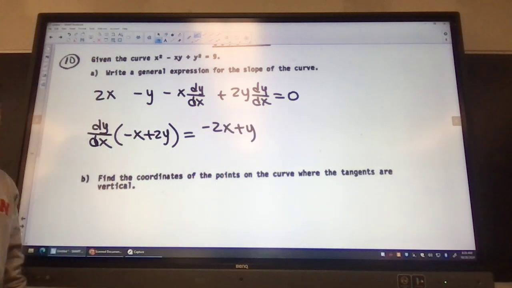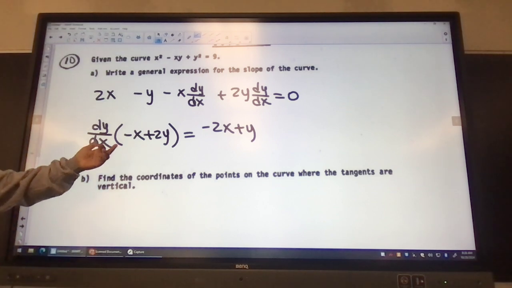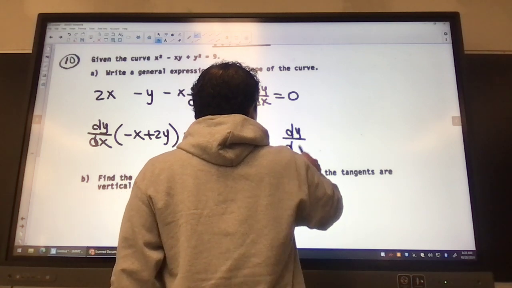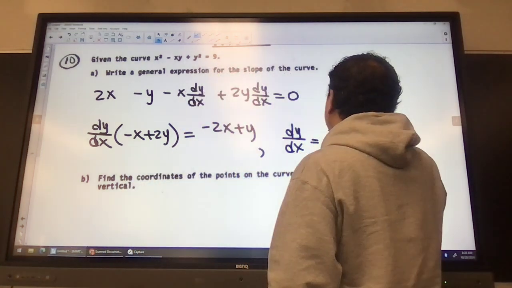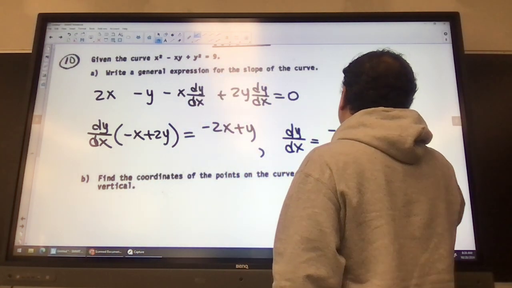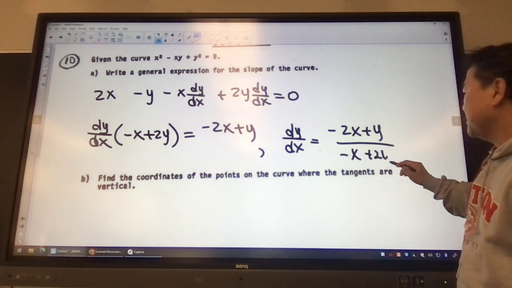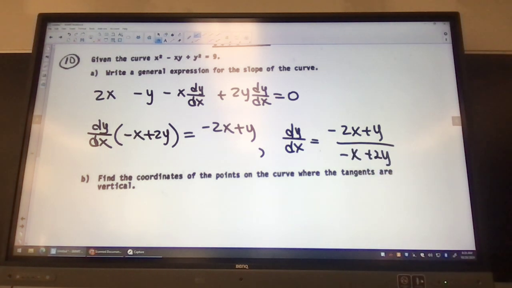How about that, guys? You good? And when I divide by the expression within the parentheses, what do we end up getting? dy over dx is equal to negative 2x plus y over negative x plus 2y. How about that, guys? You good? So we got that done.